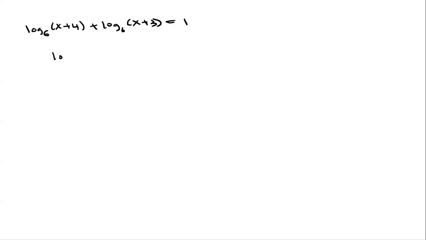So it's going to be log base 6 of x plus 4 times x plus 3, and then this equals 1. And then we're going to rewrite that from a log function to an exponential function. So little, which is the base here, 6 to the right, which is 1, equals the middle, which is going to be x plus 4 times x plus 3.